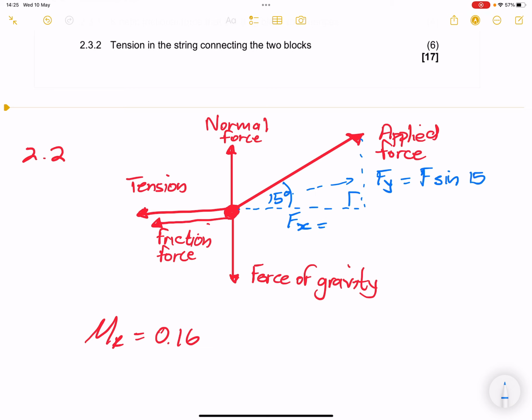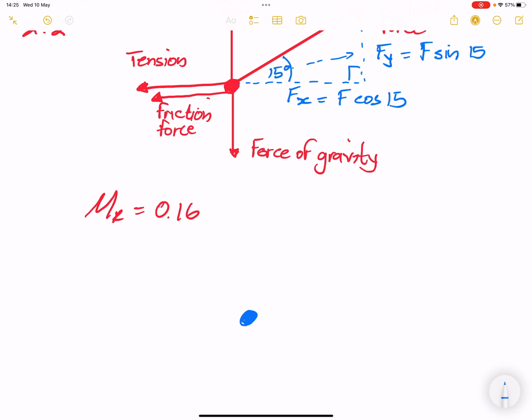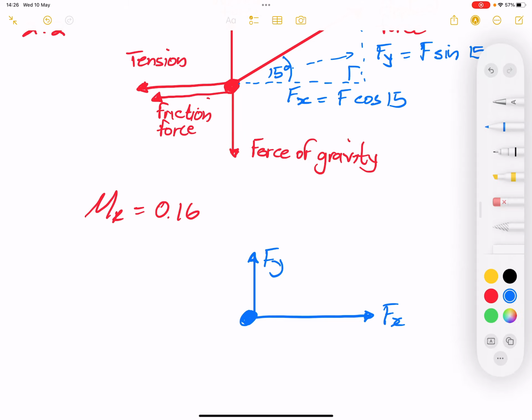And if we want the horizontal component, this is simply going to be F cos 15. Now we can replace the applied force with the horizontal component as well as the vertical component. So this is going to be that Fy force there.